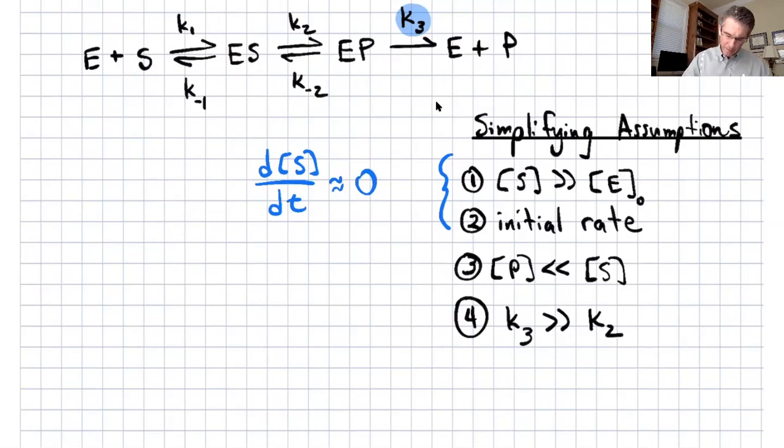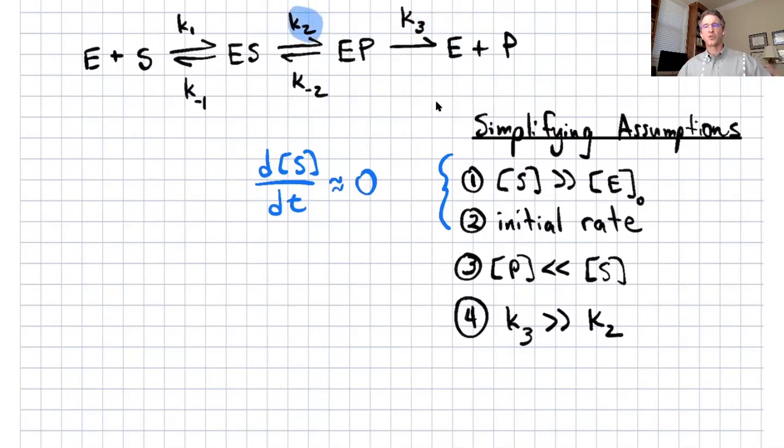In this forward pathway, when K3 is much bigger than K2, the only rate constant that matters under those conditions is K2. Essentially, K2 becomes rate limiting.